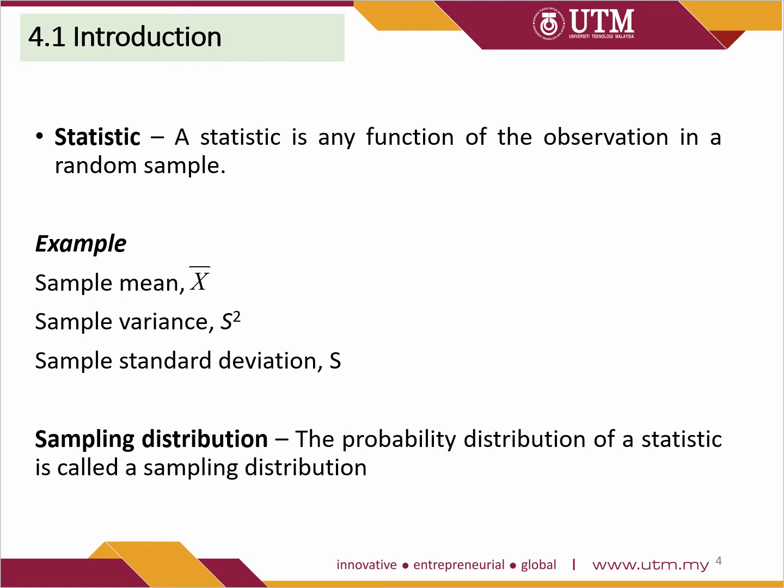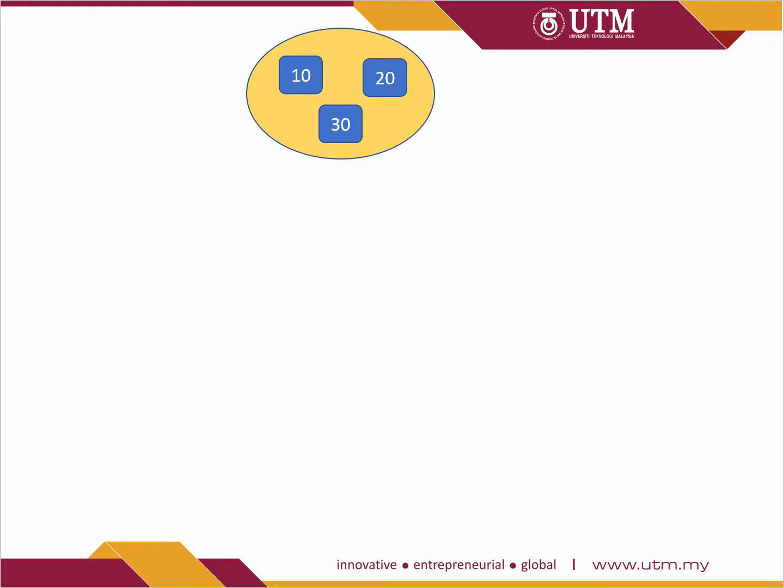Okay, so what is sampling distribution? So the sampling distribution is the probability distribution of a statistic. For example, here we have the weight of a pack of rice. Okay, we have 10 kilos, 20 kilos, and 30 kilos.